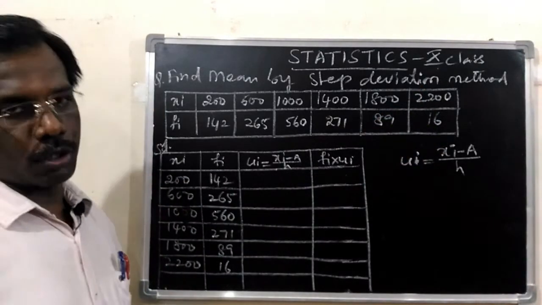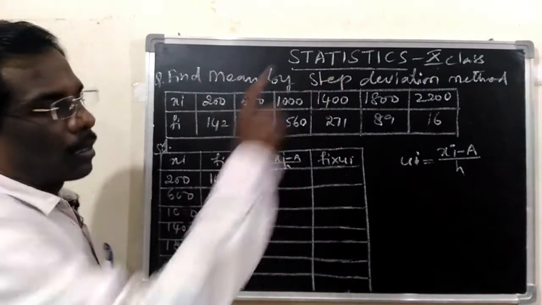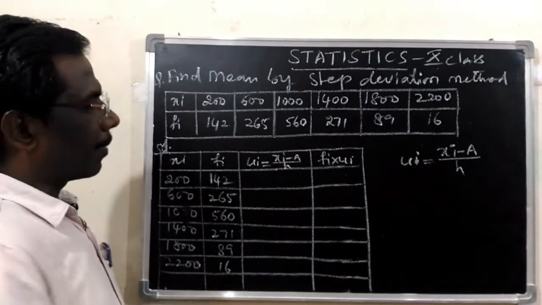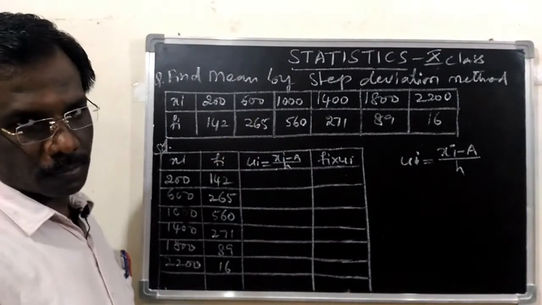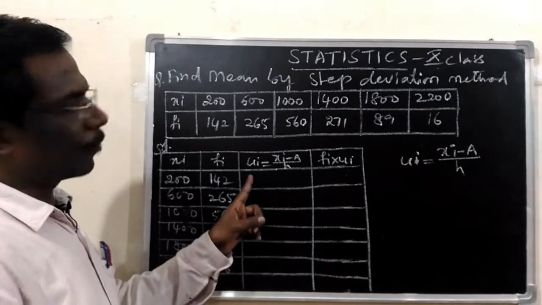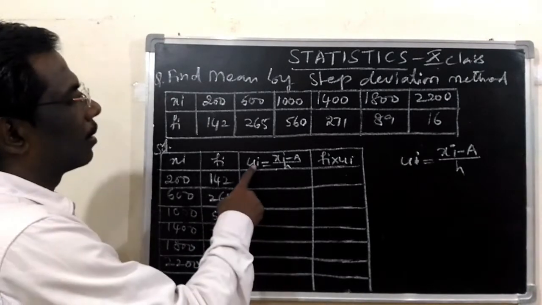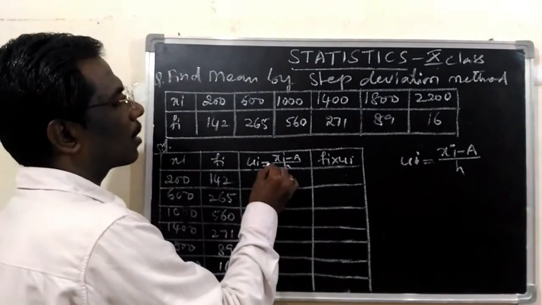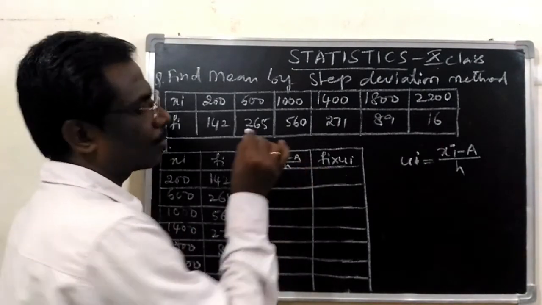So for the solution, write this horizontal column vertically and prepare 2 more columns. The first column which I prepared newly is ui. Here ui is equal to xi minus a by h.